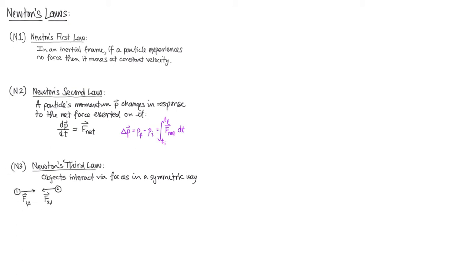If we have two objects, object 1 and object 2, and if object 1 exerts a force on object 2, then we have this arrow here, the force to the left on object 2 by object 1, I'll call that F21. That force, there's a corresponding force that is object 2 pulling on object 1, so object 1 is pulled to the right.